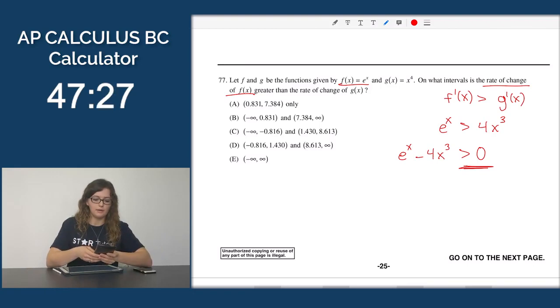So I'm going to go on my graphing calculator, go to graph, and plug in the function e to the x minus 4x cubed. Give me a second because this takes a minute. E to the x minus, oh my gosh, we'll see if I can get my calculator.